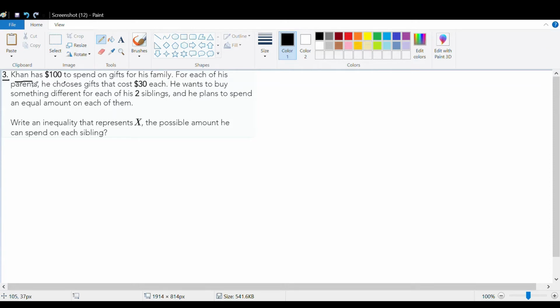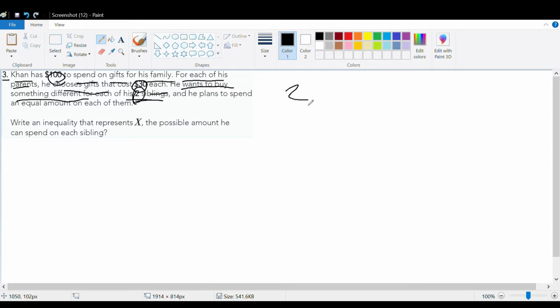Khan has $100 to spend on gifts for his family. For each of his parents, he chooses gifts that cost $30 each. He wants to buy something different for each of his two siblings.